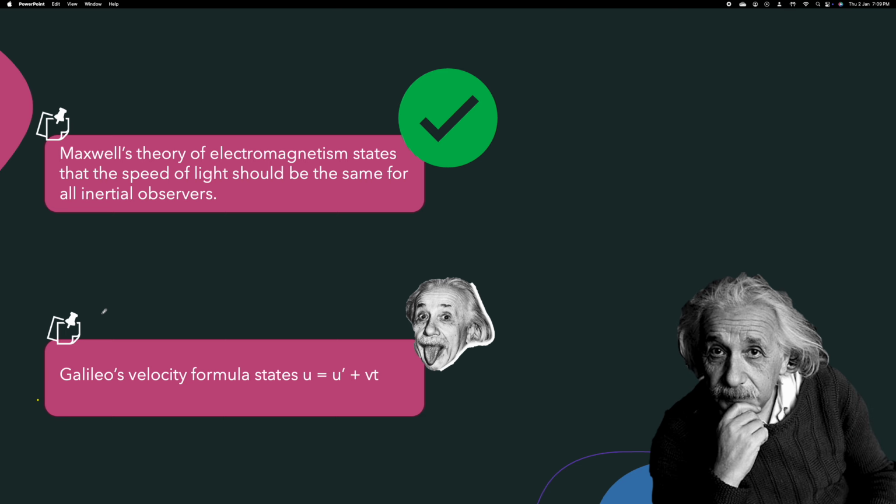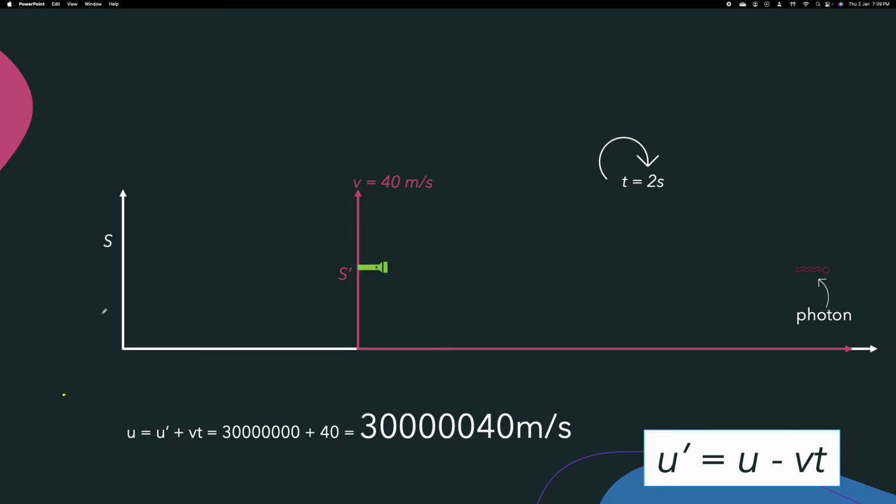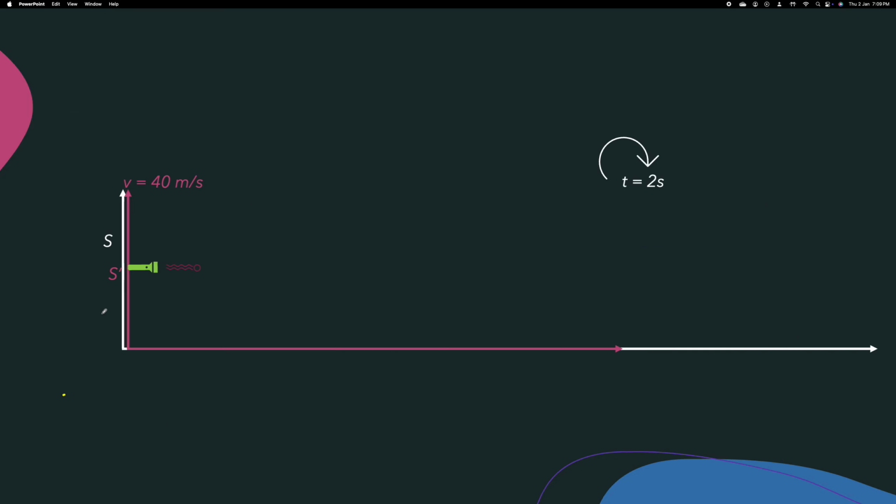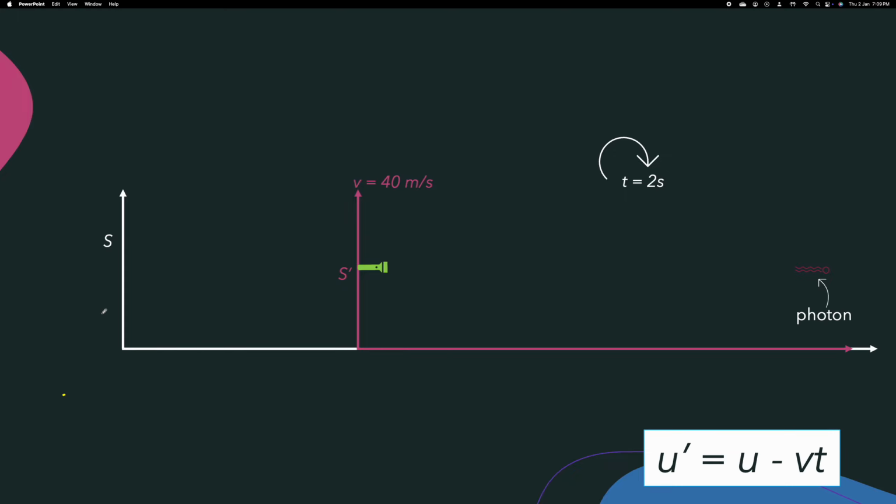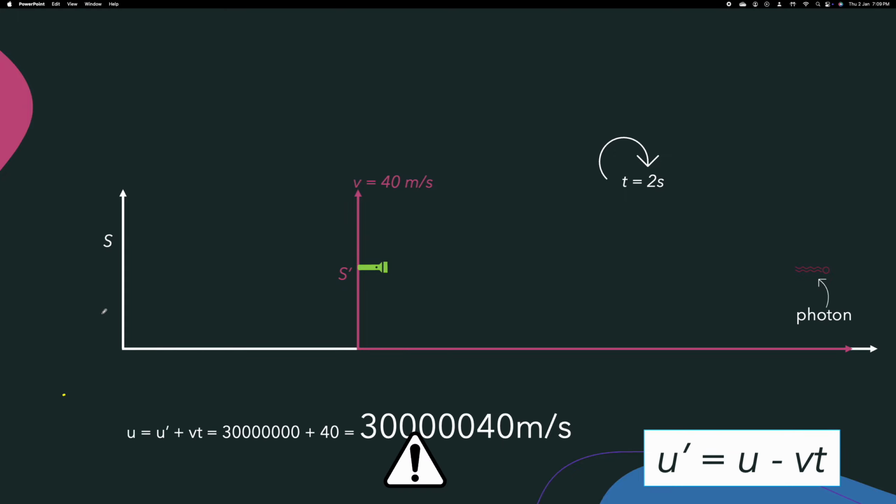But if an object is moving with a speed closer to the speed of light, as in this example, because the photon is moving with a speed equal to the speed of light, then for faster moving objects like photons, Galilean relativity fails. That's what we have proven here.